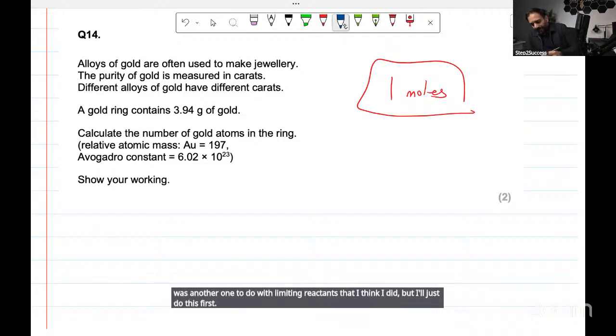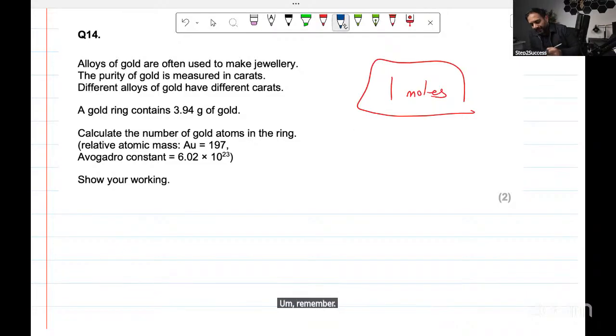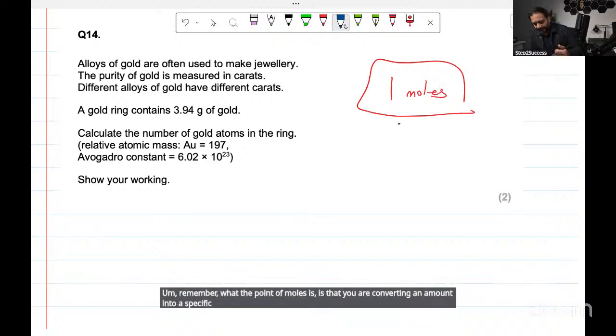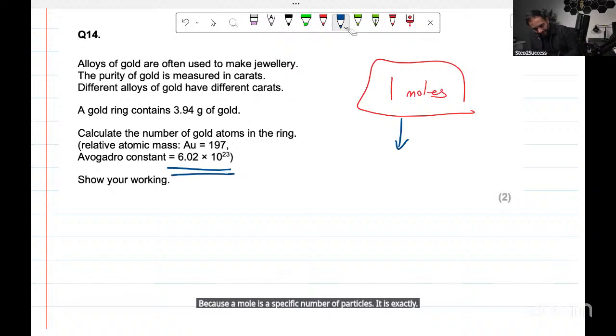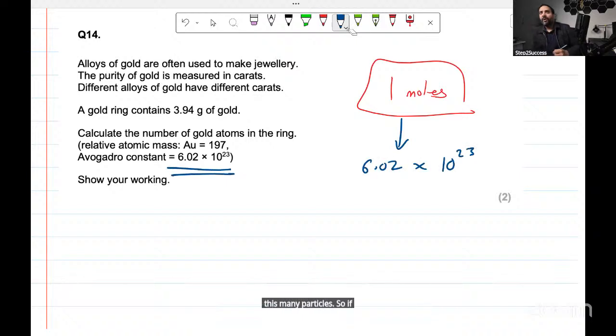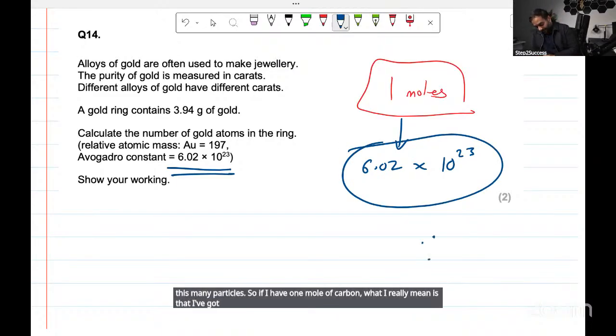Remember, the point of moles is that you are converting an amount into a specific number of particles. Because a mole is a specific number of particles. It is exactly this many particles. So if I have 1 mole of carbon, what I really mean is that I've got this many particles of carbon.